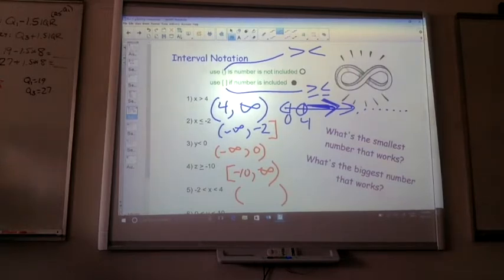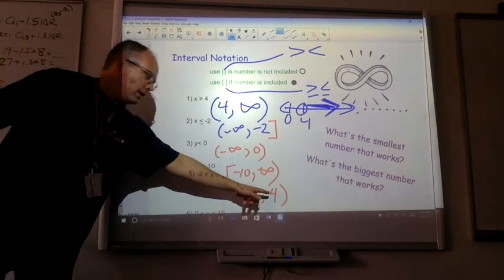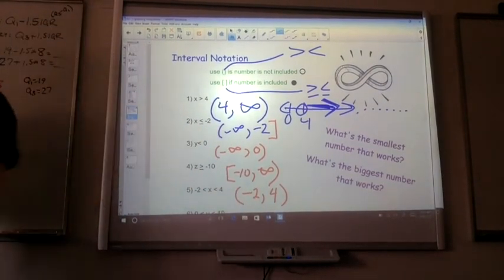It's up there. Say it. -2. Where's it going to? Why did I use parentheses and not a square bracket on both? Because there's no equal sign. So this is the starting point, the ending point. We're talking about everything in between those.